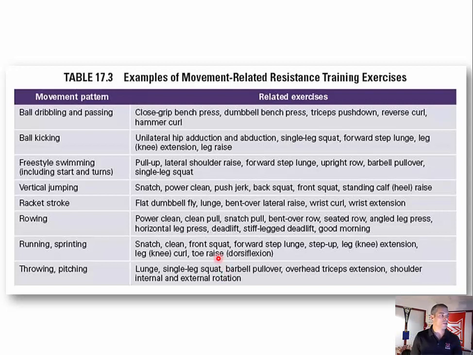So what we see here in terms of the movement pattern, again, going back to the needs analysis, this would be part of that movement analysis. But if we're talking about an athlete where a lot of movements include ball dribbling and passing, such as basketball, you see some related resistance exercises here, again, mimicking those sport-specific movements.